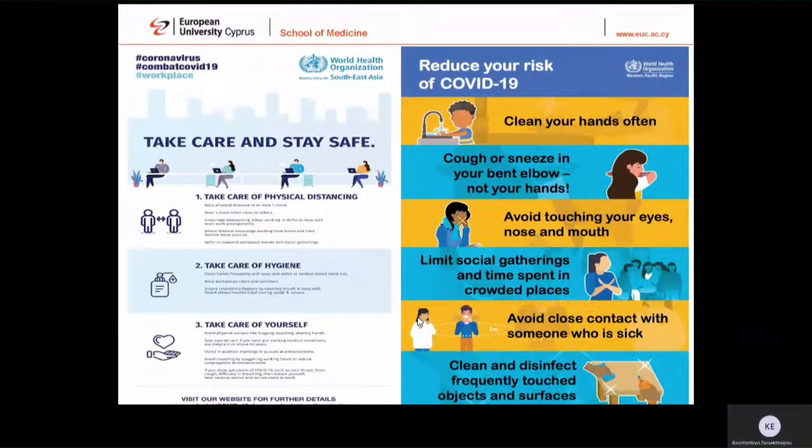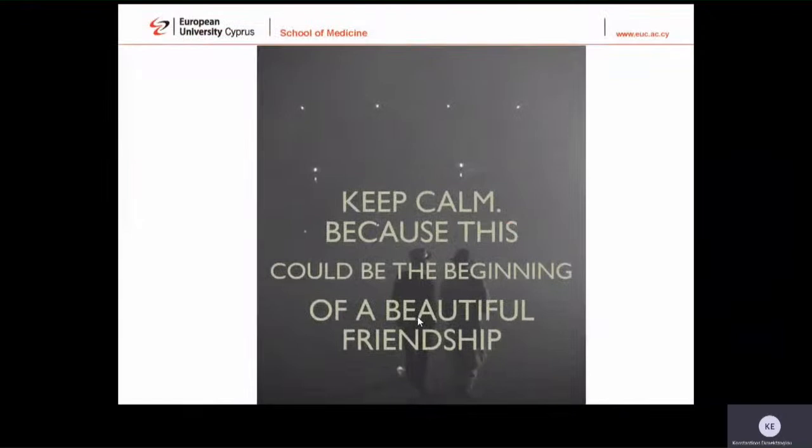We will share regular updates about the risk of COVID-19. I'm putting an asterisk here: only trust authorized sources like WHO. Don't be caught up in this internet whirlpool of information that is coming your way.